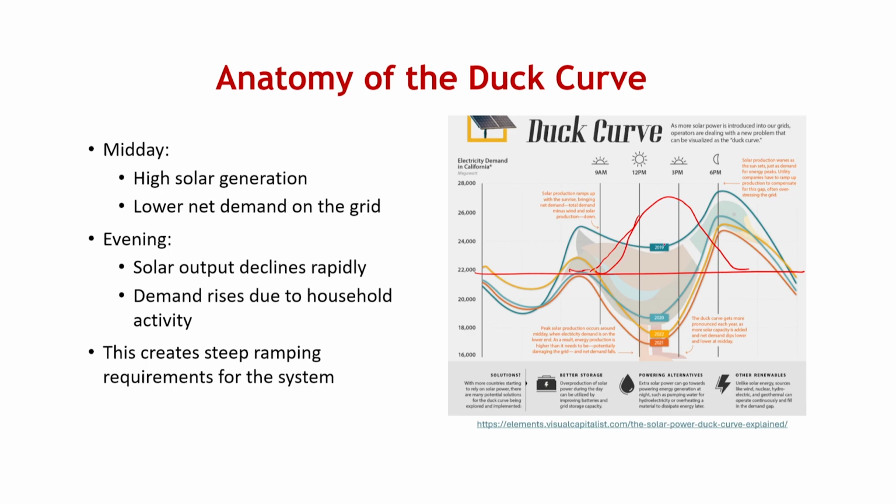Now if you look at the net demand, whenever you are able to produce energy from solar, you use solar energy, but your net demand is basically the overall demand minus generation from solar.